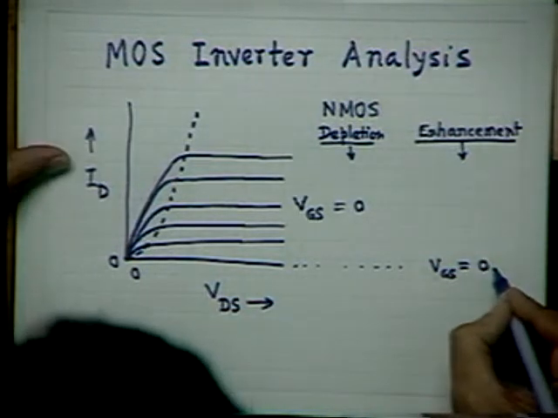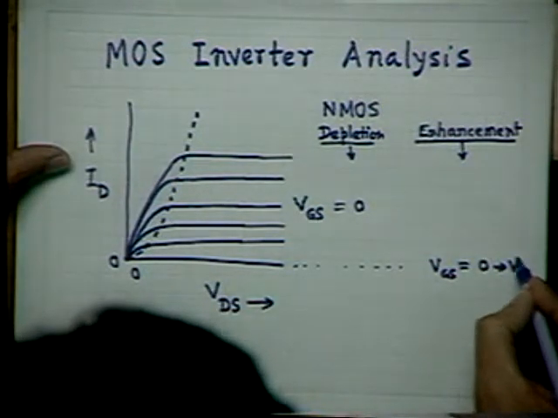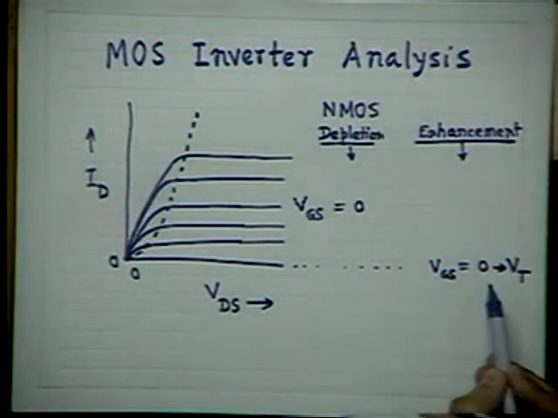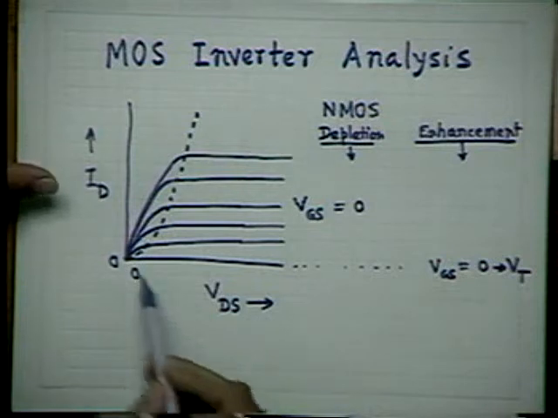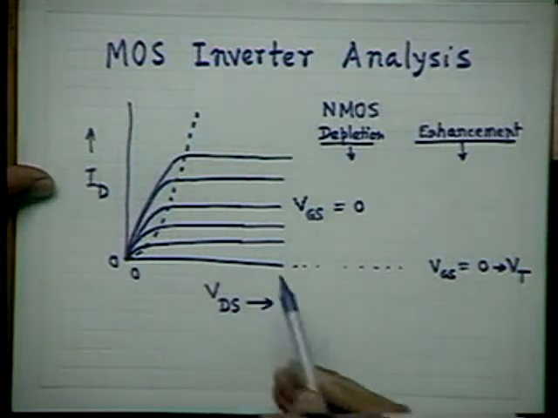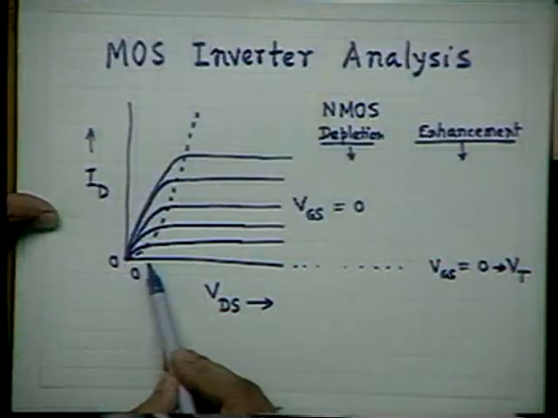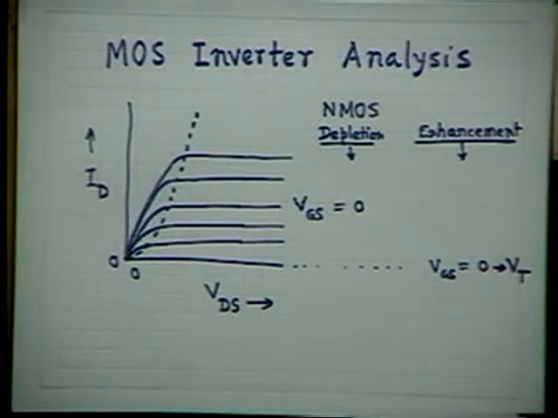In fact, if VGS is from 0 volt to threshold voltage VT, there will be no current. Up to threshold voltage, the drain current is practically negligible. So we get the characteristic coincident with the abscissa, the VDS axis.